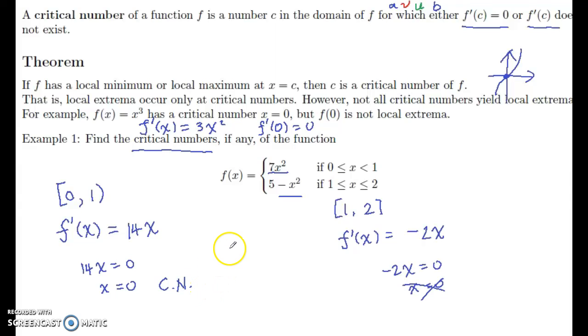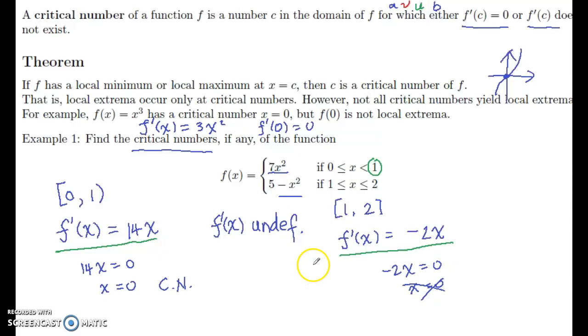But do not forget, critical numbers also include where f prime of x is undefined. So when is f prime of x undefined or does not exist? It's when f prime on one side does not match f prime on the other side, or when the function is not continuous. If you take a look at this function, the only possible point that's not continuous is at x equals 1.